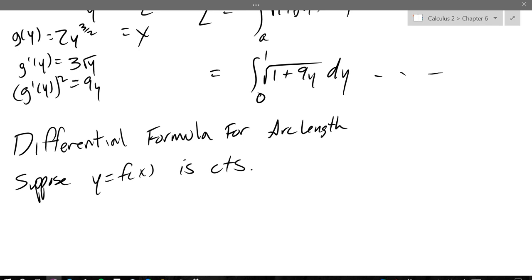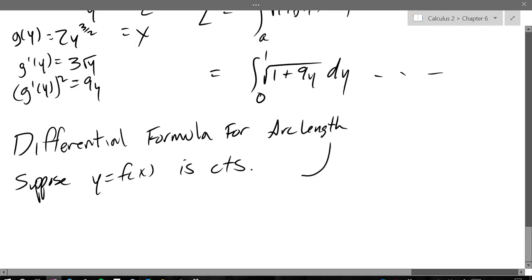We need a continuous function here because if we're going to measure arc length, we don't want any breaks in the curve. What we really don't want is something like a vertical asymptote, which would give us an infinite arc length if we tried to go across an asymptote.